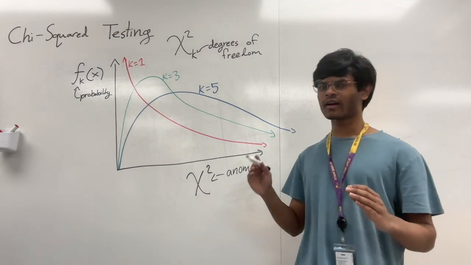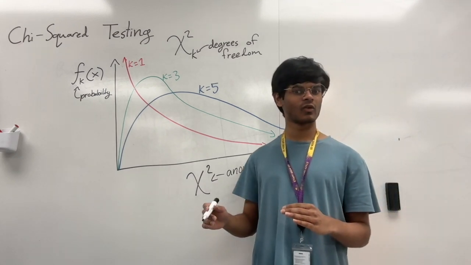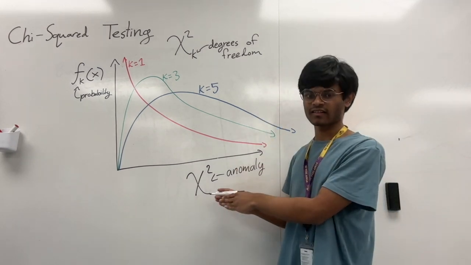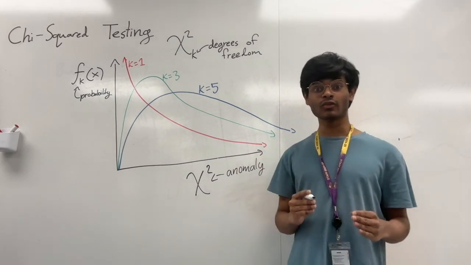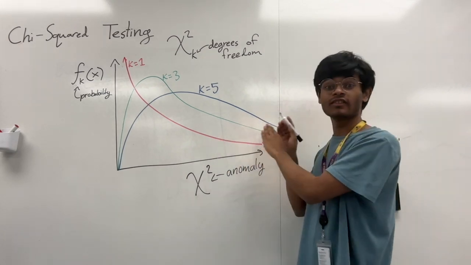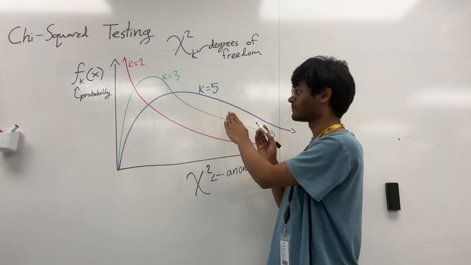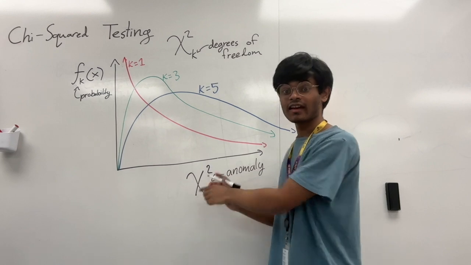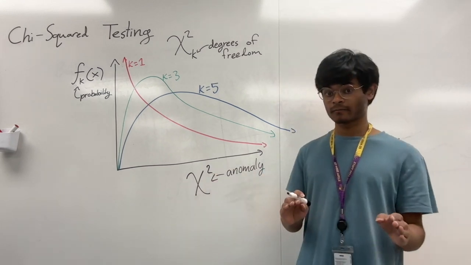Now, where will we set these cutoffs for what's surprising based on these degrees of freedom and based on our statistic? What we can do is say that these chi-square distributions at different degrees of freedom describe the likelihood that we'll see certain statistics if our anomalies are random.